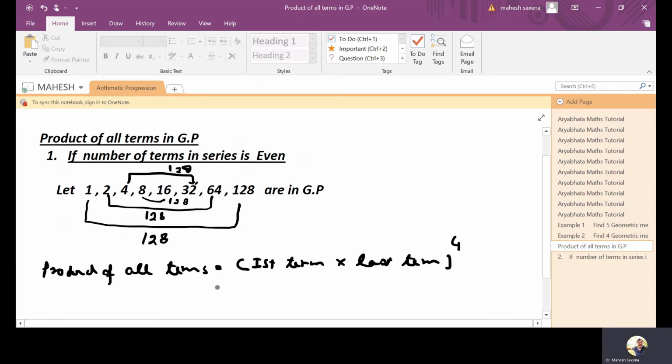We can also write it as rth term from beginning into rth term from last, to the power 4.